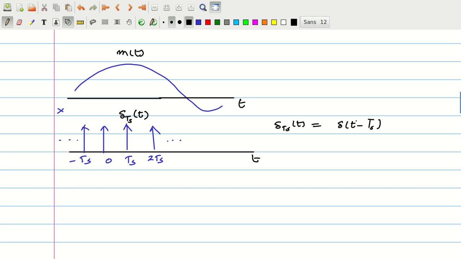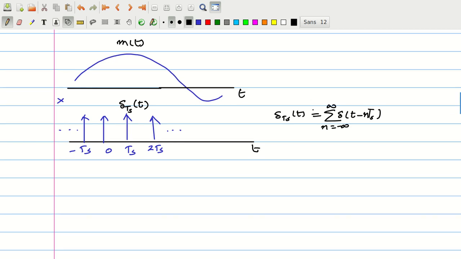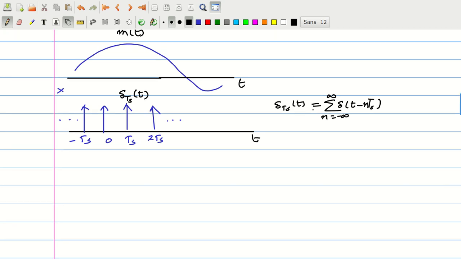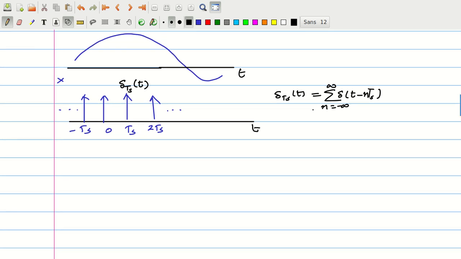So in general, we can write down the impulse train as delta t minus n Ts summed over all n from minus infinity to plus infinity. So this is the mathematical representation of the impulse train.